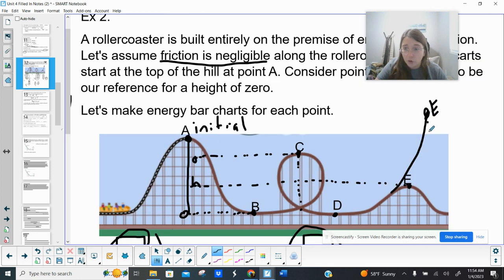If I have a greater height, it will only go up as high as it started with. All of its energy will be converted back into potential and it's not going to have any more kinetic energy to keep going. So nope.